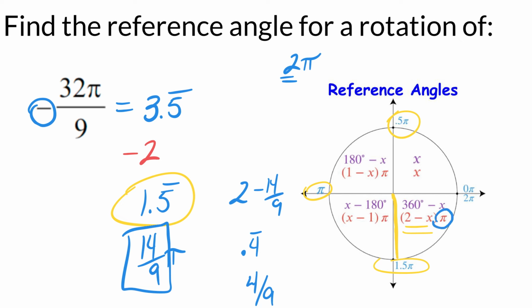And then what we do on this formula is we just go back in and tack our pi on. So these are a little less common, and we are also a lot less familiar with this because we don't deal with radian measurements nearly as much as we do degrees. But this is how we do it. Remember, if the number gets above 2, we just subtract 2 until it gets where we need it to be.